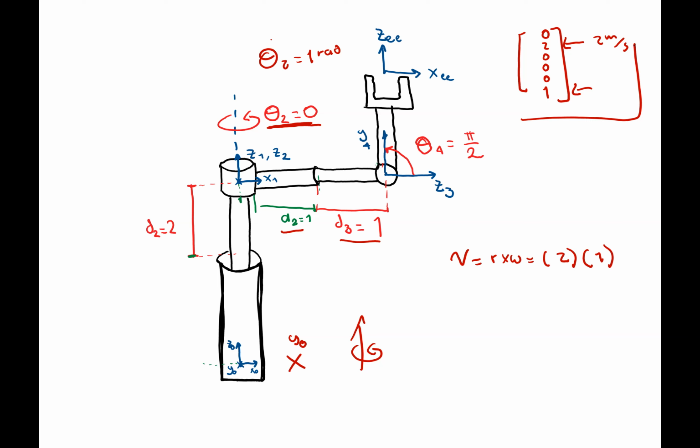So this is the exercise on kinematics. Are there any questions regarding this exercise? Okay.